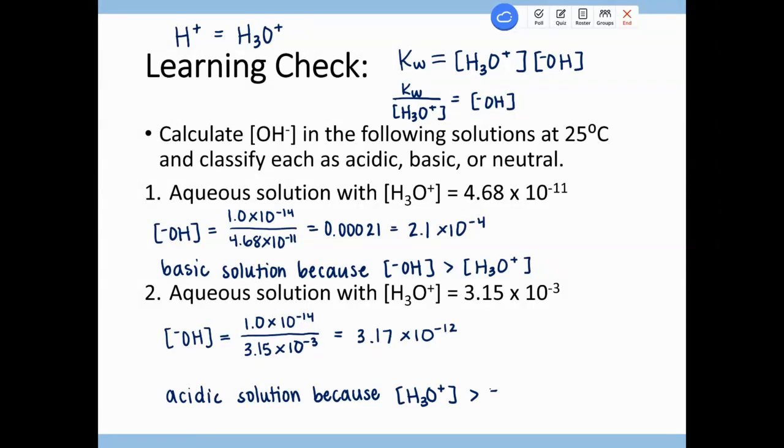So solution 2, acidic because concentration of H3O plus is greater than OH minus.